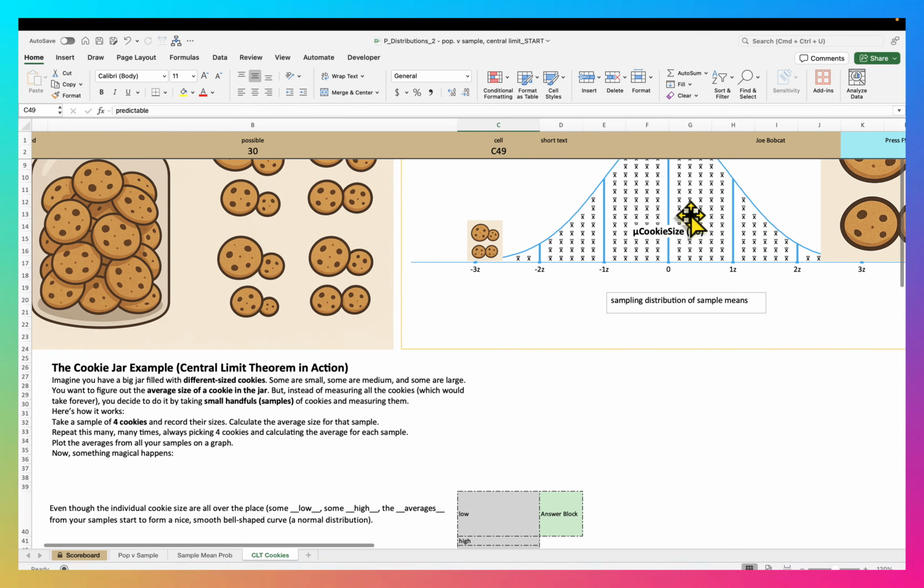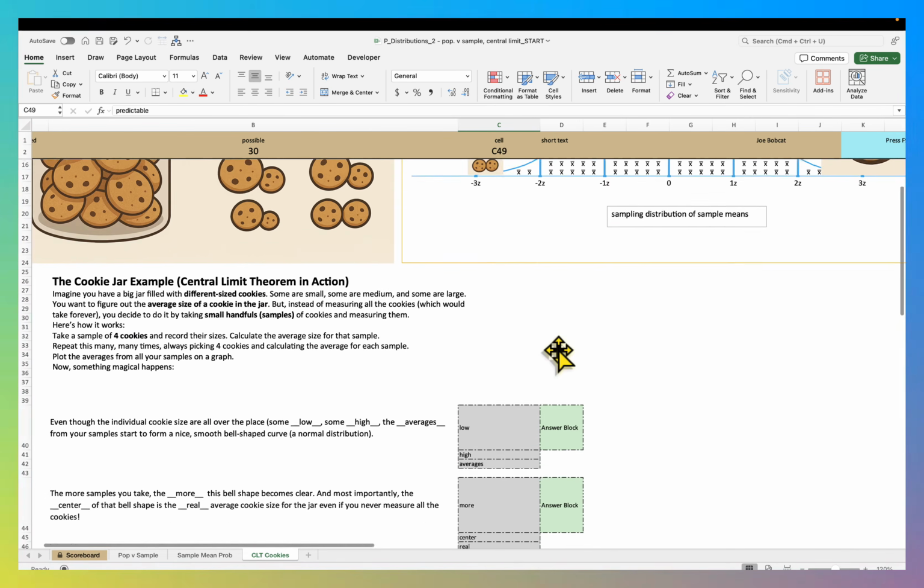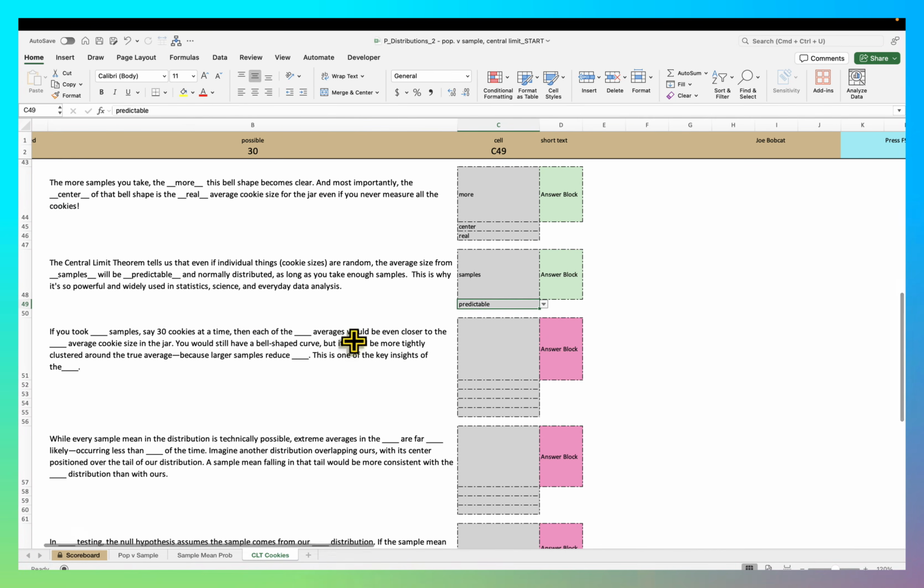We can accurately predict that we're going to get this nice bell-shaped curve. That's important because it also tells us that these things in the tails are very unlikely, which is how we do hypothesis testing. We say, hey, we got a sample, and based on the sampling distribution, it's really unlikely, so we think that we're going to reject the null hypothesis. But more on that, obviously, in the next unit.